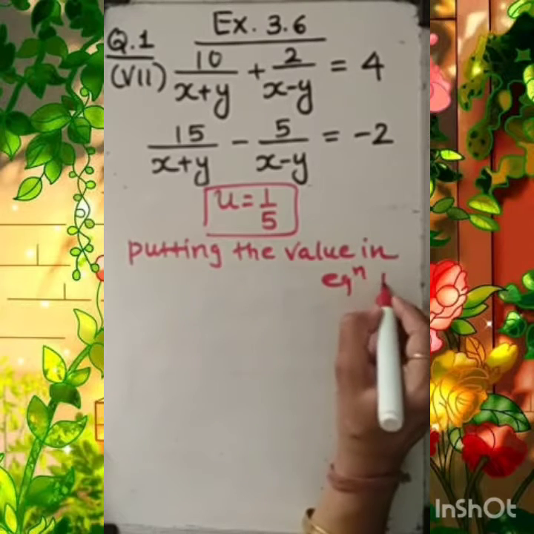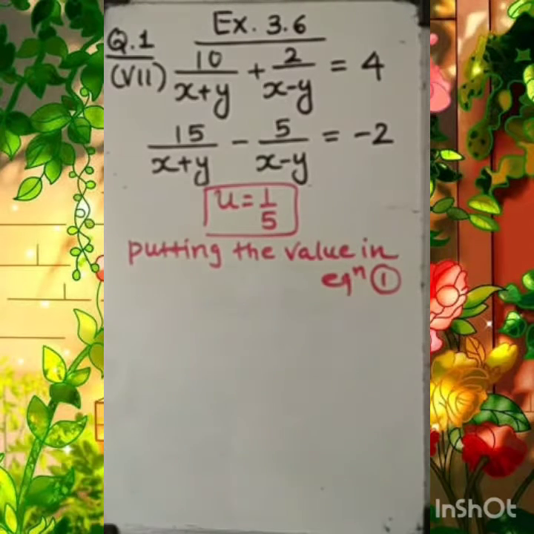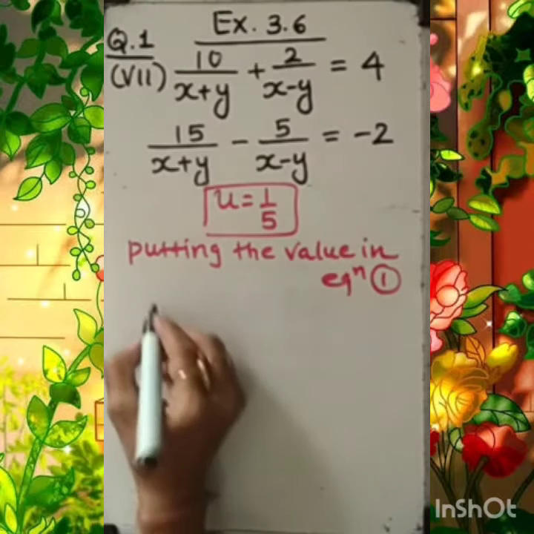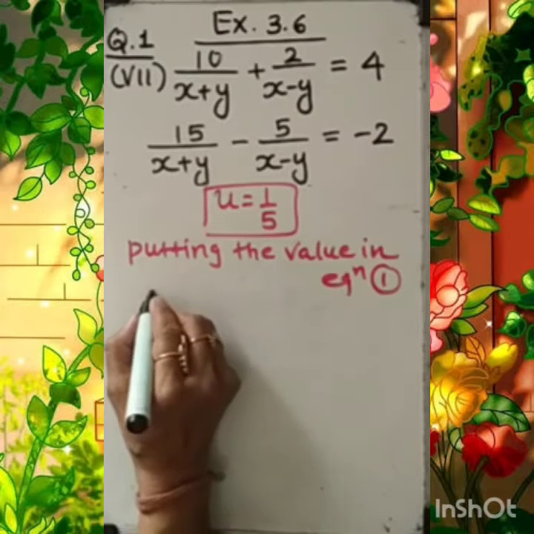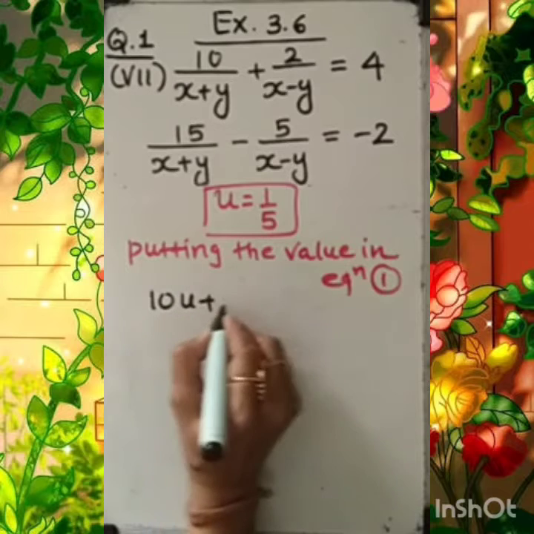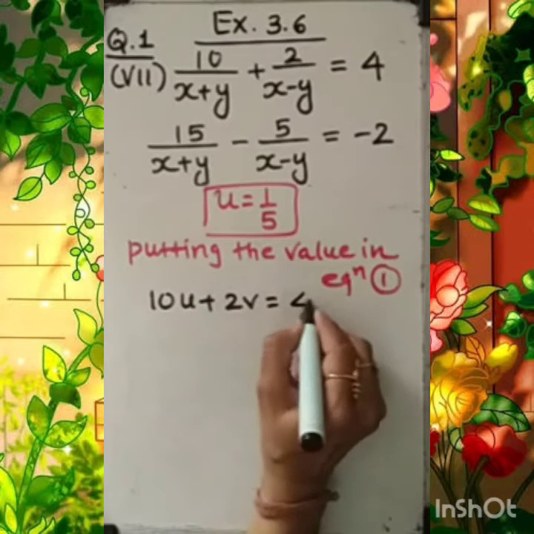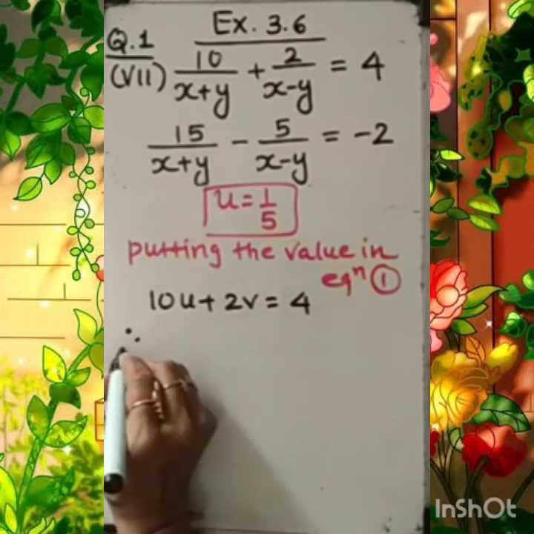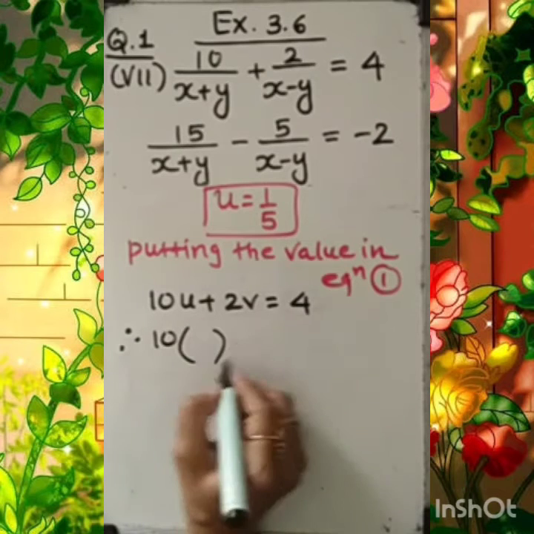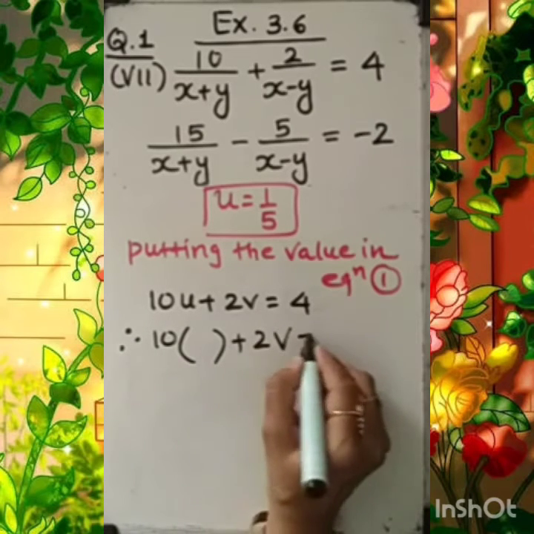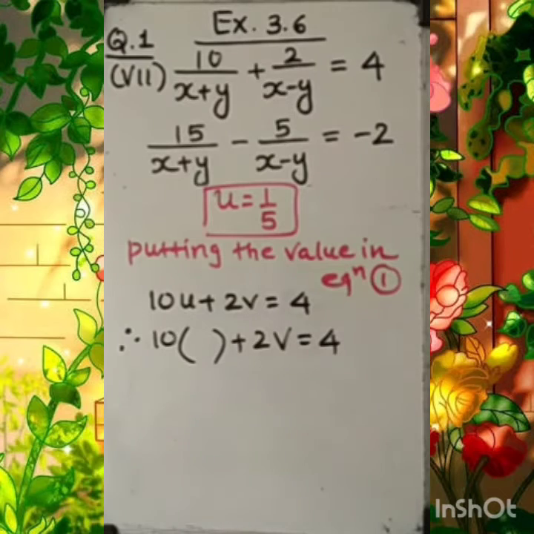It's not necessary to use 1; you are free to put it in any equation and the answer will remain the same. So the equation is 10u plus 2v equal to 4. In place of u, I am putting its value, and we need to find the value of v.